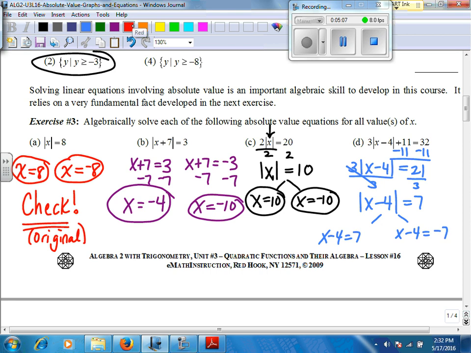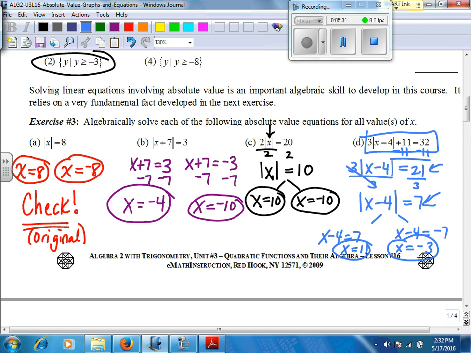When I solve each of those, add 4, I'm going to get 11. Add 4, I'm going to get negative 3. But again, we need to check. Hopefully you guys trust and believe me that they do check, but always make sure that they check back into the original equation. Don't check back into here or here, always go back into the original.